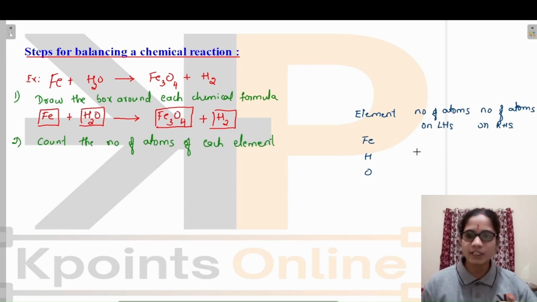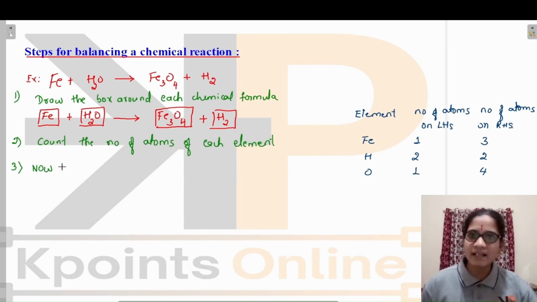The number of iron atoms on LHS is only one, and on the RHS there are three. Hydrogen: there are two hydrogen atoms on the LHS, and on the RHS there are two hydrogen atoms. What about oxygen? On the LHS there is only one oxygen atom, and on the RHS there are four. So the atoms of iron and oxygen are not the same on both sides. So we need to balance the equation now.